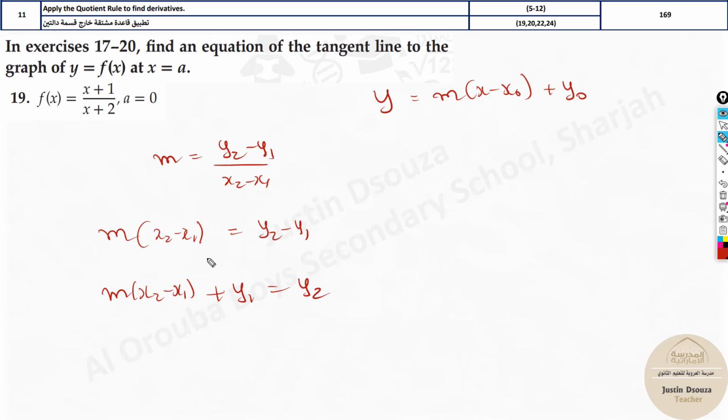Now it's just that the equation generally has one point and one x and y terms, right? So here we just remove the 2 and 2. You can see that it'll be x. So that's it. It's y equals m into x minus x naught or x1 or x2, anything.